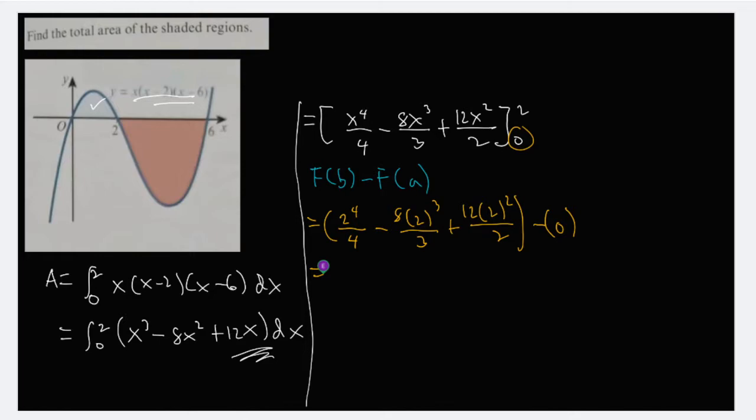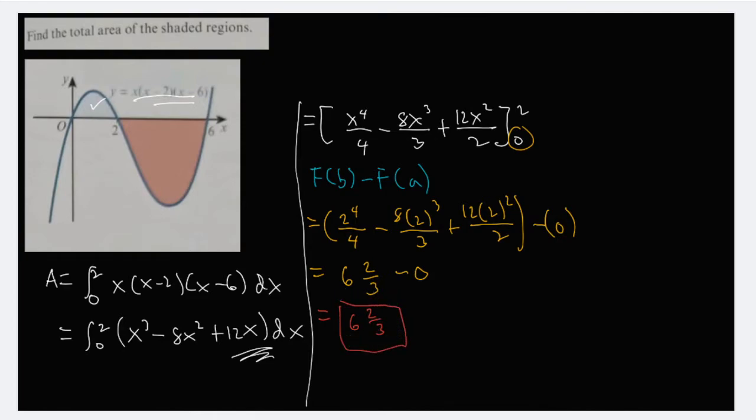If we evaluate the left side, this will give us 6 and 2/3, or 20 over 3, minus 0. So we can say that the result for the shaded region, the upper part, is 6 and 2/3 for the first one.